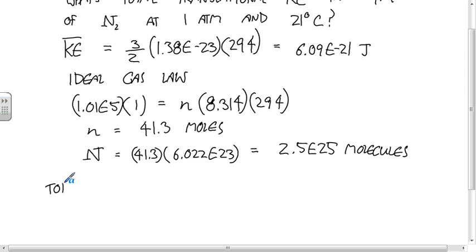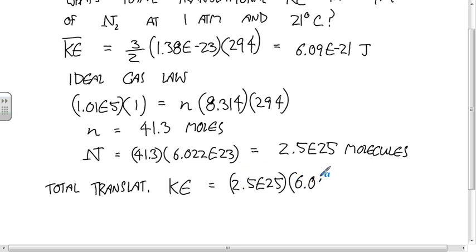And so the total translational kinetic energy is equal to 2.5 times 10 to the 25th times the energy per molecule, 6.09 times 10 to the minus 21. Can you multiply that too?